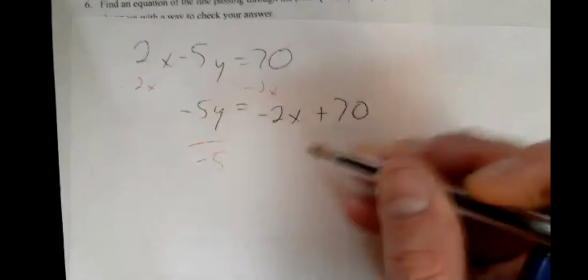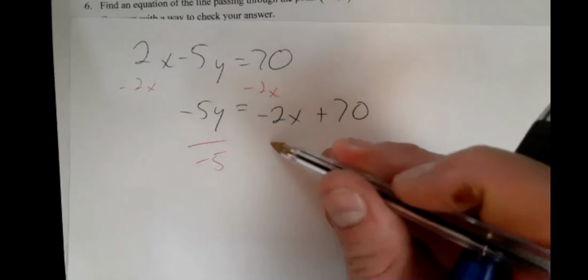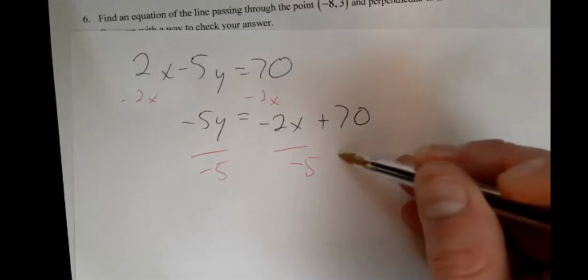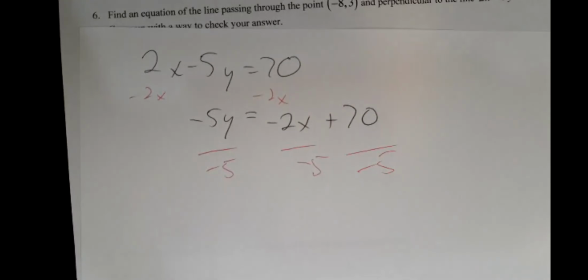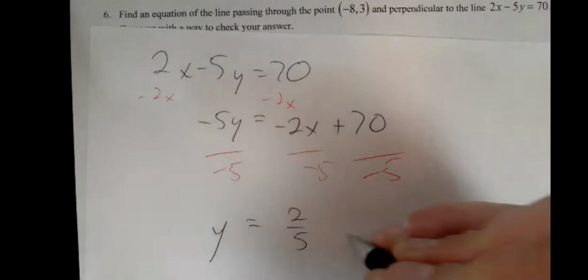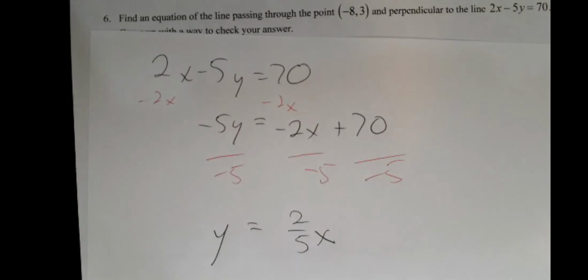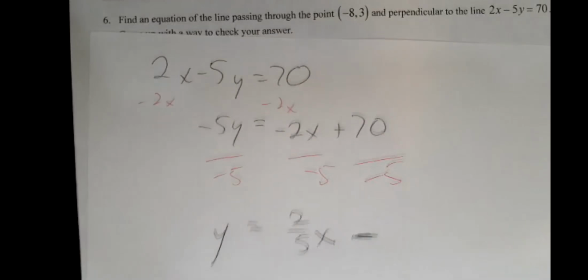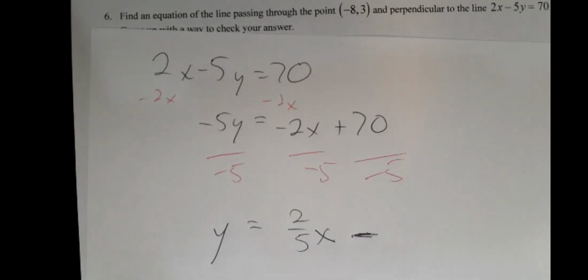I'm dividing this entire side, so there are two terms I have to divide by minus 5. If I do it here, I should end up with y equals, a negative over negative becomes positive 2/5 x. This is negative overall. 70 divided by 5 is going to give me 14.